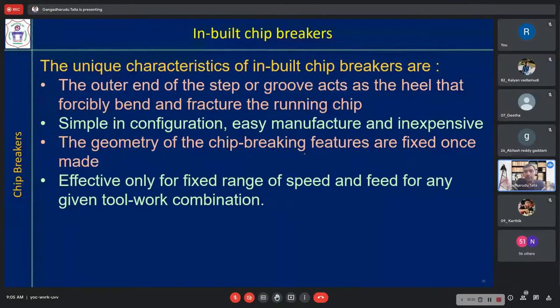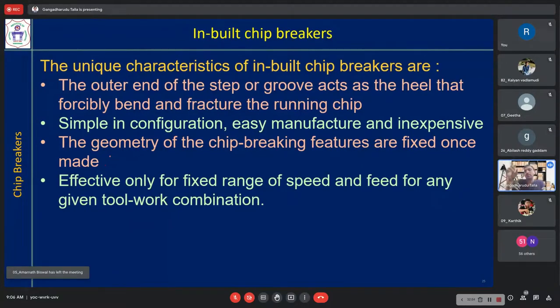Now the geometry of the chip breaking features is fixed once made. That is the disadvantage. Because you are cutting the chip breaker directly on the cutting tool, you cannot vary it. If you are attaching it, you can take different types of chip breakers and attach them on the tool holder.